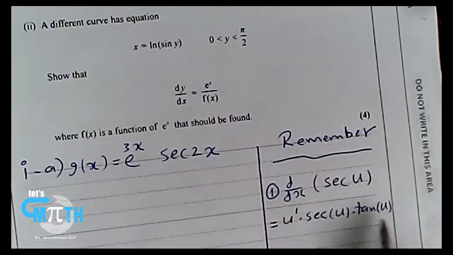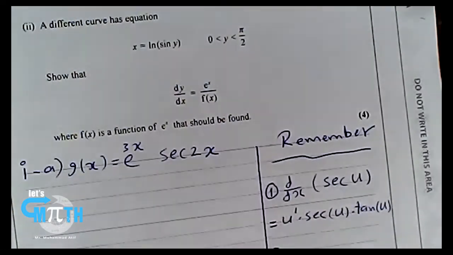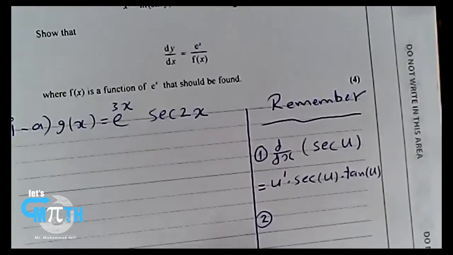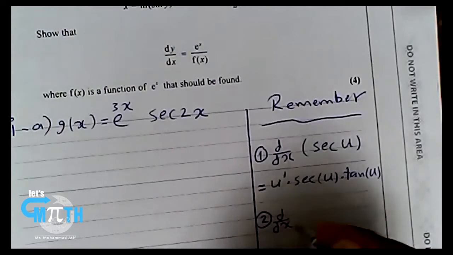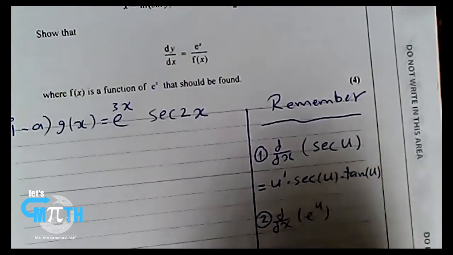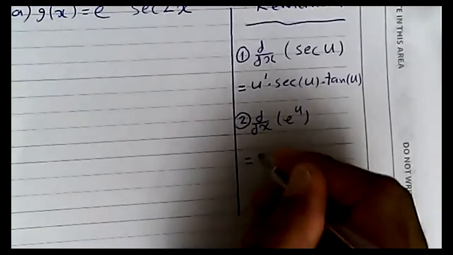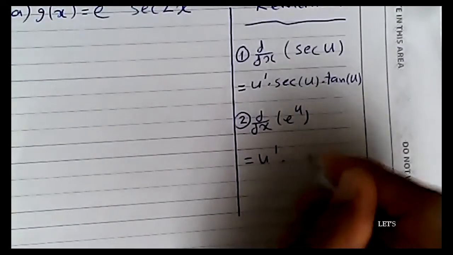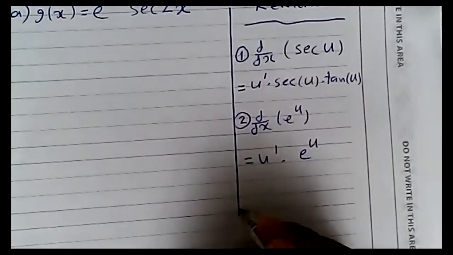So derivative of sec u is u dash sec u tan u. The second rule required here is the derivative of an exponential function: e power any function u has a derivative equal to the derivative of the exponent, u dash, times e power the same exponent with no change.